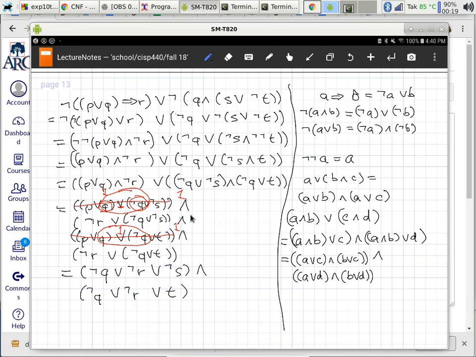So if you distributed the left side, it wouldn't have worked? If you distribute the left side, it will still work. It's just you end up with something that's longer. So if you distribute the R, not R to this, then you end up with P and not R, or Q and not R, right?